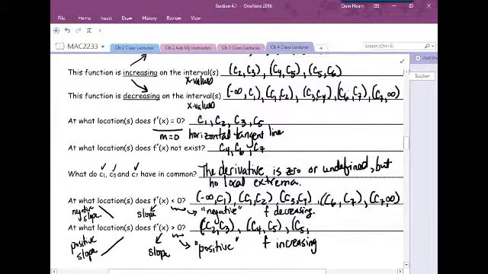Remember, f was increasing from C2 to C3, from C4 to C5, and from C5 to C6. So there's two different ways to ask the same question. You can ask where is the function increasing, or you can ask where is the first derivative positive.